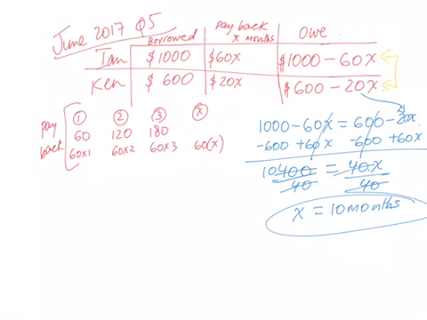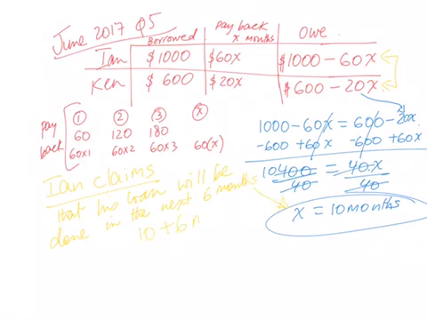Now the next part, Ian is making a claim, right? So Ian claims that his loan will be done in the next 6 months, after these 10 months. So 10 plus 6 is 16 months, right? So Ian is claiming that in 16 months his loan is done. How much does he owe his parents? He owes 1,000 minus 60x.